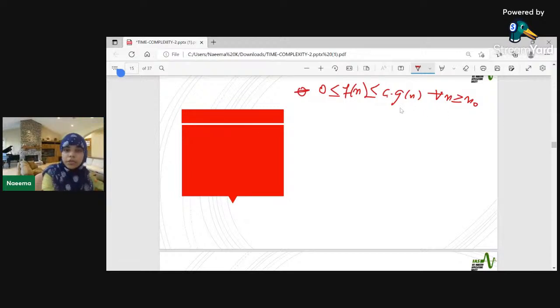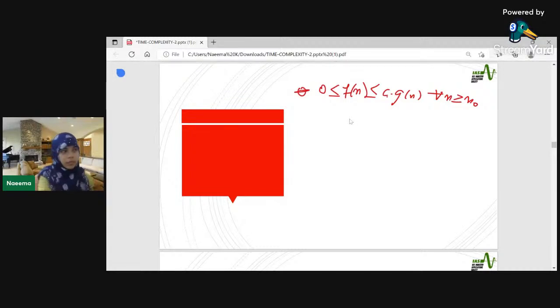Also, we need to find a number n naught such that any number that is greater than or equal to n naught will satisfy the equation. So ultimately, if you succeed in finding the constants c and n naught such that the equation is satisfied, then according to the definition, f(n) will be big O of g(n).